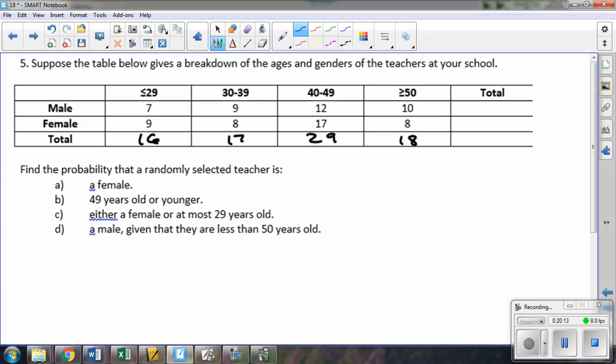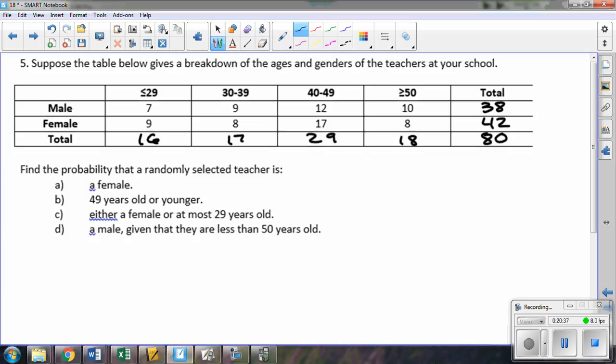Adding up each of the rows, 7 plus 9 is 16, plus 7 is 28, plus 10 is 38. 9 plus 8 is 17, 17 plus 17 is 34, 34 plus 8 is 42, which gives us a total of 80. Always start by adding up those.